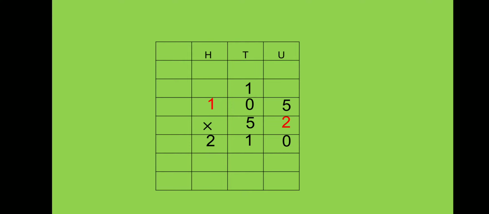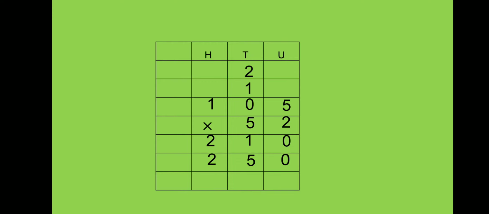Now, before multiplying by the tens place number, we'll add a 0. So 5 into 5 is 25. So 5 remains there and 2 gets carried over to the tens place. 5 into 0 is 0, so plus 2 is 2. 5 ones is 5.